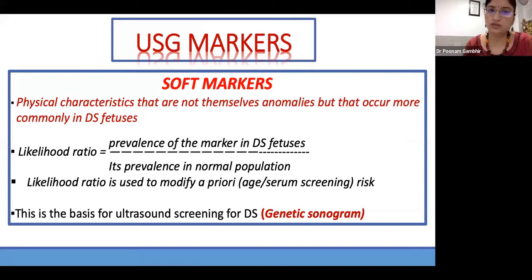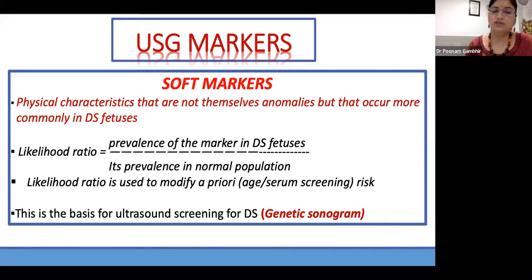And the first one are the ultrasound markers. So we try to look for aneuploidy. We specifically look for soft markers that are not themselves anomalies, but that occur more commonly in Down syndrome fetuses. Each of these soft markers has its own strength, or what we call the likelihood ratio, in deciding how far the risk increases or decreases with their presence or absence.